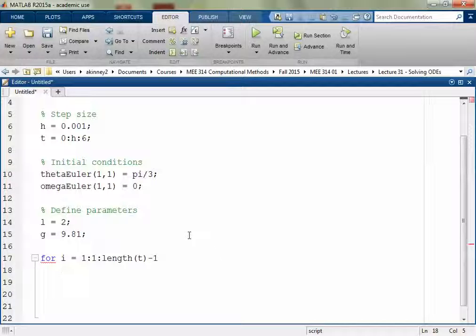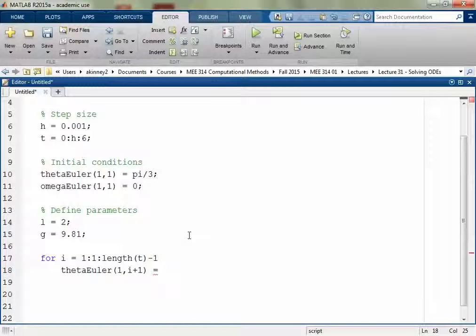So now inside this for loop, what do I have to put? What should I write here? Our Euler's equations. So we'll start off with these two Euler's equations. We'll start with theta Euler, and we want to make theta Euler a vector, so we're going to use one row and then our i plus 1 column.